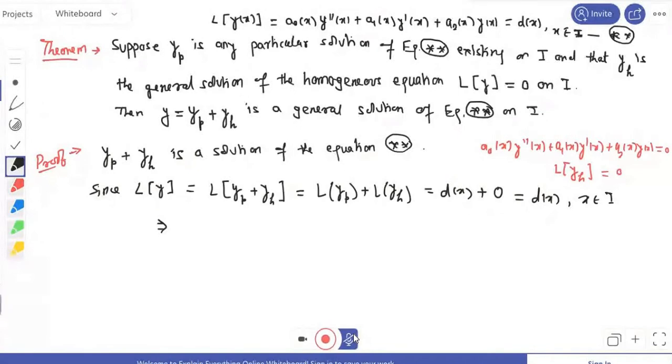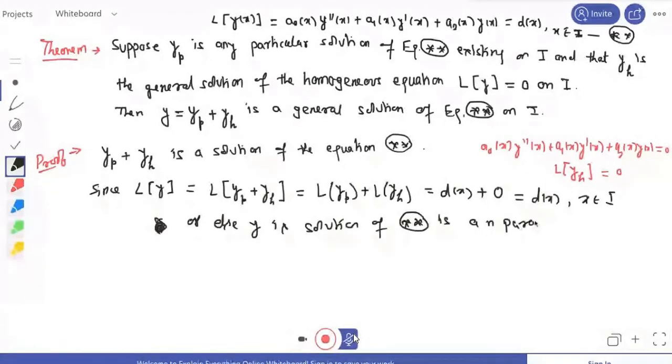Okay, so we can write that this y is a solution of this double star.